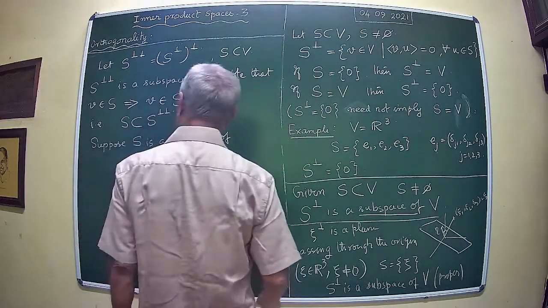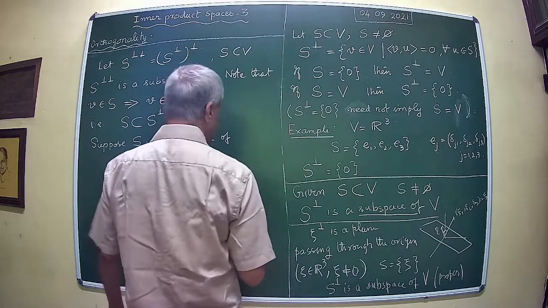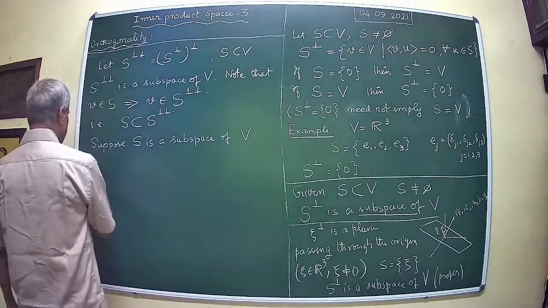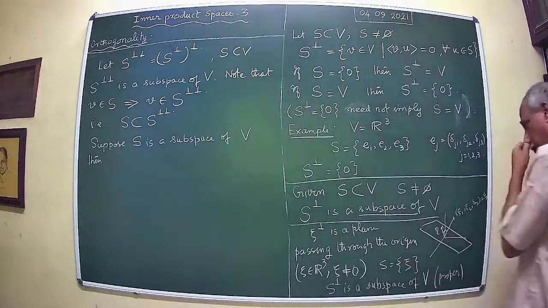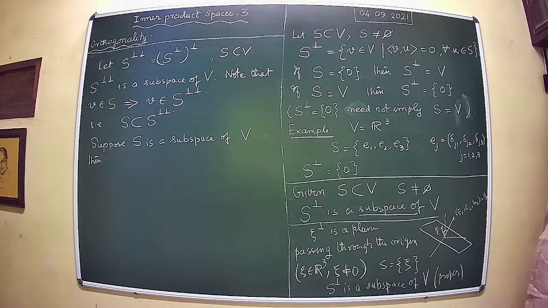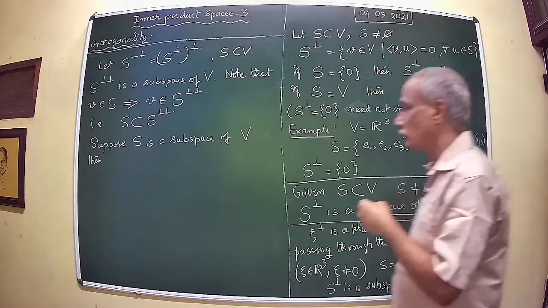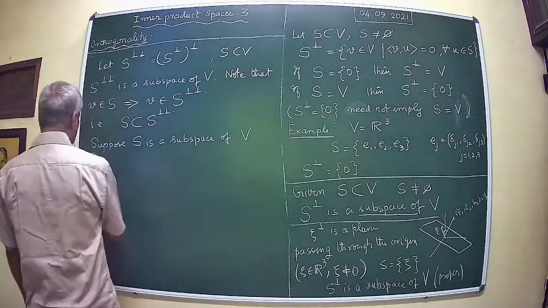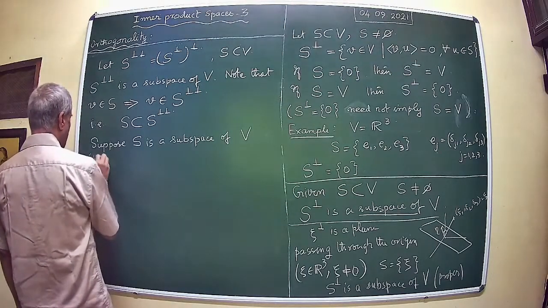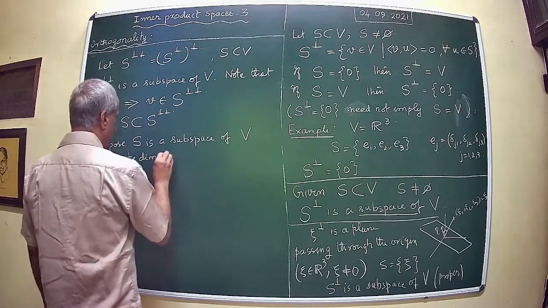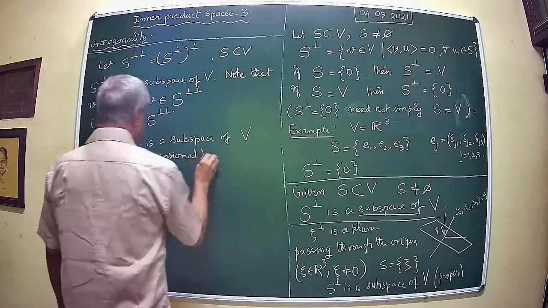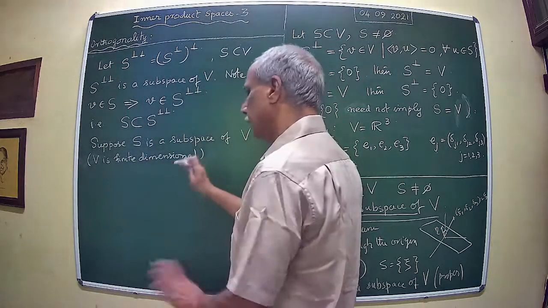Suppose S is a subspace of V, then here we assume otherwise there are some difficulties.